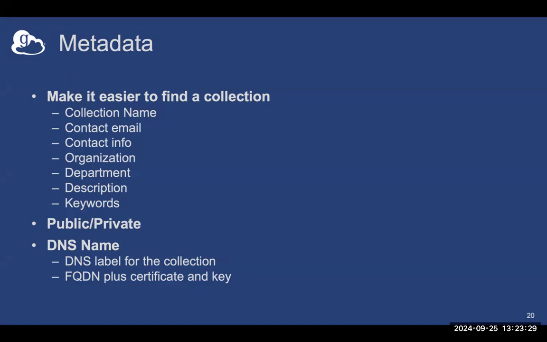And you could also set a fully qualified domain name independent of the endpoint's domain name if you want. So if you have a particular endpoint that's run by the university and then a collection that's run by some specific group that has a project name that they want to use as their DNS name, your endpoint administrator can set the domain name, certificate, and key for that particular mapped collection, and it will look like it's whatever name you would like it to be.